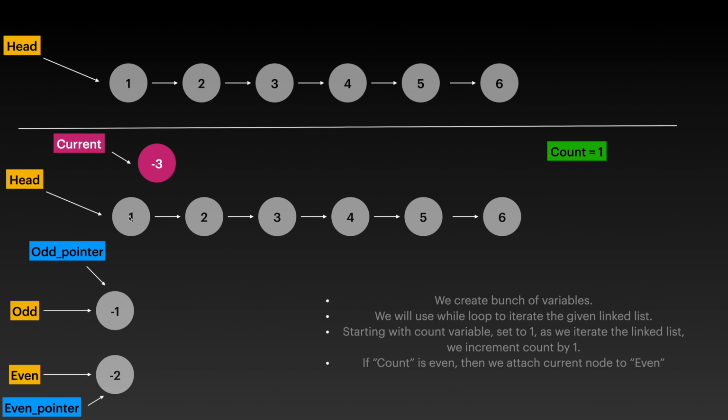This is the odd position, right? So we append this to our linked list, and then increment this count variable by 1. Then when we are here, we do modulo by 2, and if it is equal to 0, then we append this to our even linked list. That's what's going on here.